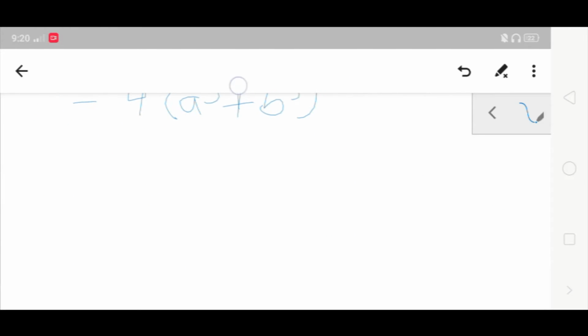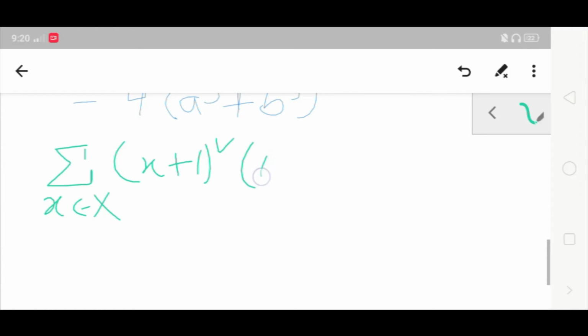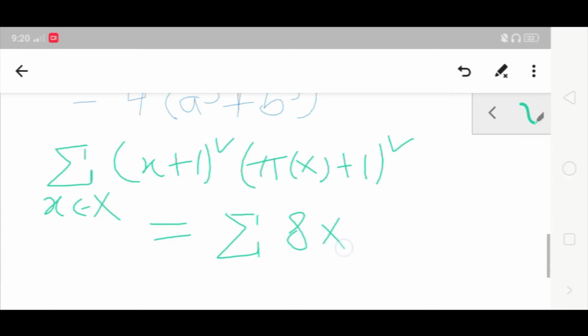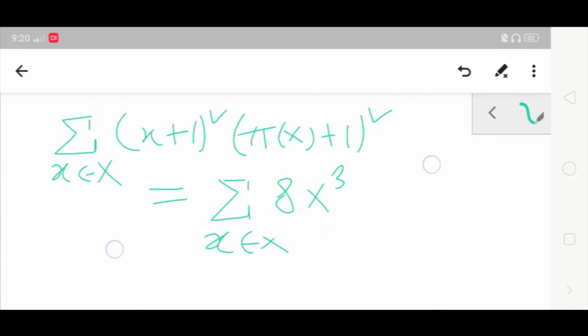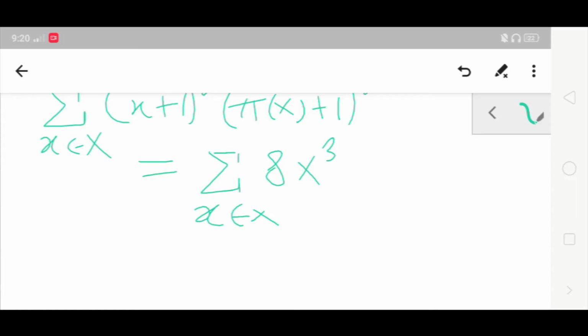Now if we go back to the problem, we can see that the given condition is something like this: the sum over x belonging to capital X of (x plus 1) squared times (pi x plus 1) squared is equal to the sum of 8x cubed, where x belongs to X and pi is the permutation as I have mentioned previously.